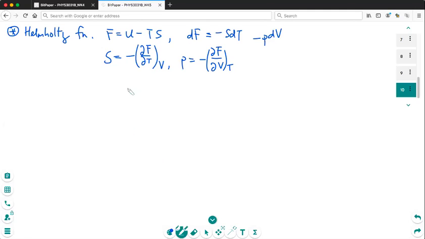Now, usually when you discuss the Helmholtz function, in many books, eventually the discussion is related to work. How much work you can extract from the system? And therefore, this is also given the name of free energy. Why is it a free energy? Let's start by looking at this term again. If you want to discuss the work done, the easiest is to design your experiment in an isothermal way.